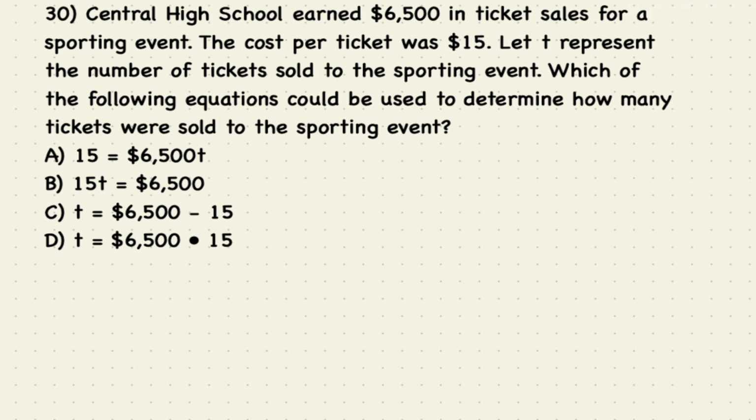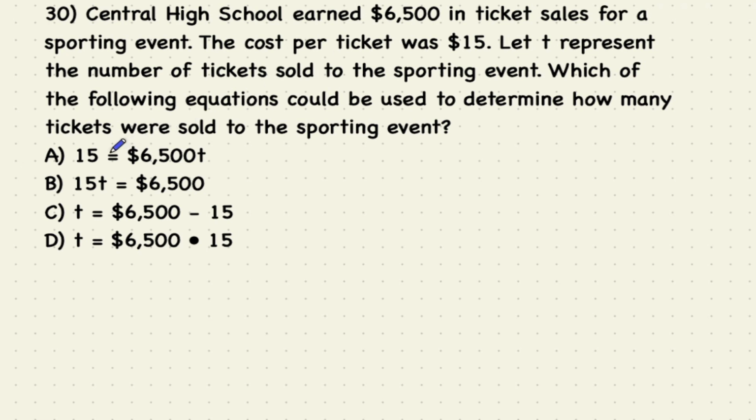Number 30: Central High School earned $6,500 in ticket sales for a sporting event. The cost per ticket was $15. Let T represent the number of tickets sold to the sporting event. Which of the following equations could be used to determine how many tickets were sold to the sporting event?